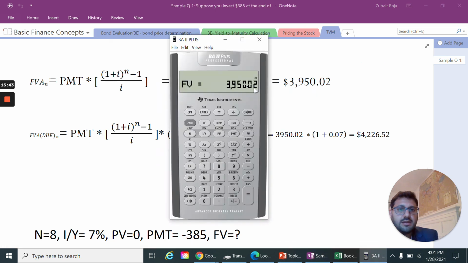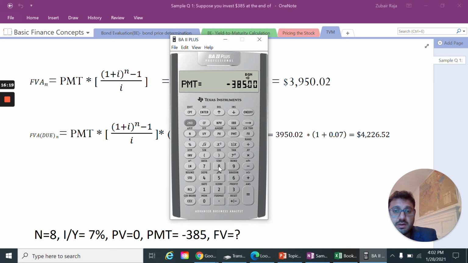3950.02. And if I change the payment mode to the beginning and compute the future value, sorry, I think I need to feed the numbers again. So 8, 7, payment is 0, present value is 0, payment is 385, minus is the payment.